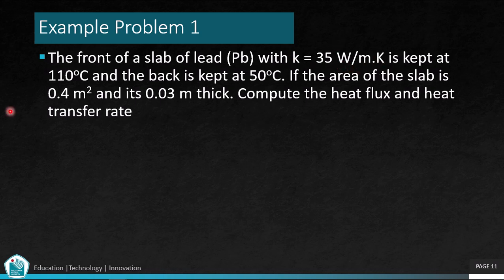The front is kept at 110 degrees Celsius and the back is kept at 50 degrees C. So we have two temperatures: the higher is 110 and the lower is 50 degrees C. The area of the slab is 0.4 square meter and it is 0.03 meter thick, meaning 3 centimeters.